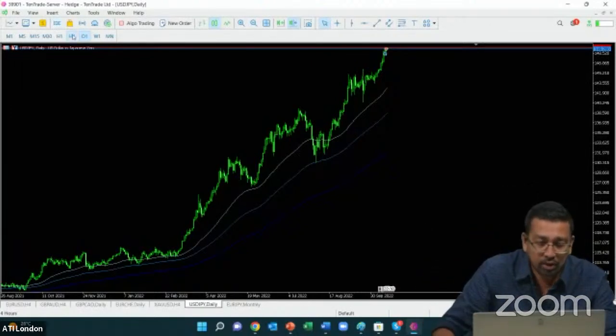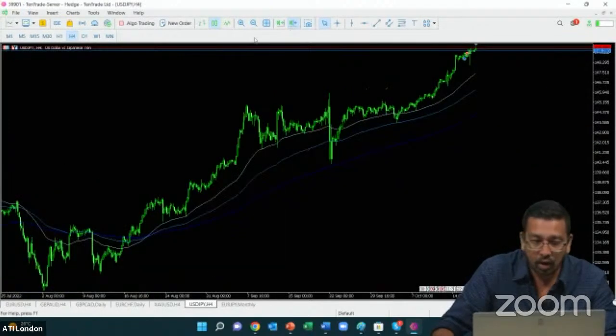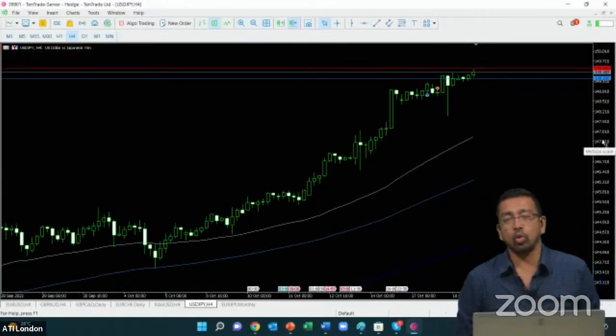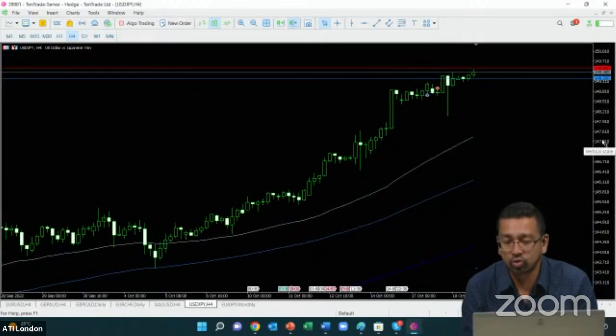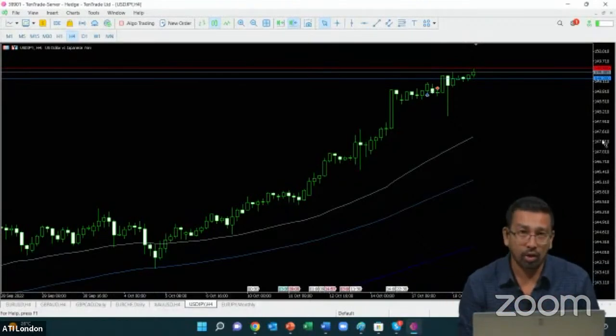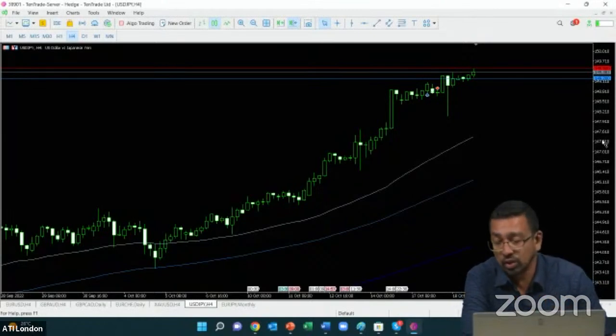Now I have already indicated to all of you that we are in a bullish trend, of course, but the current USD JPY price is trapped between 149.50 down to 149.20, and these are psychological levels. So because it's an uptrend, I would like to only look at opportunities to buy, right?